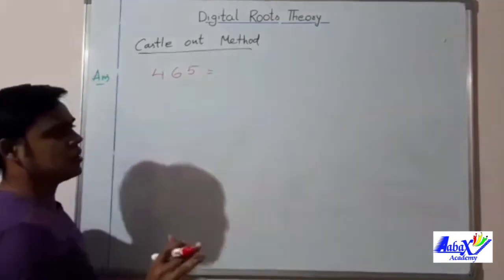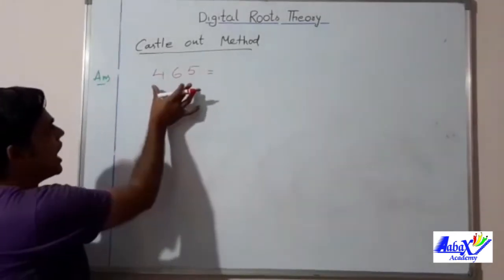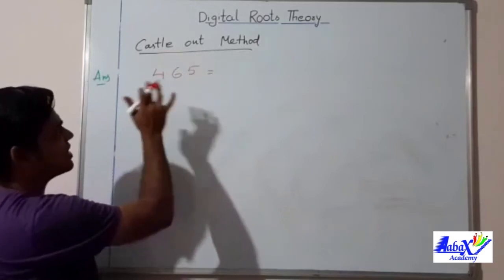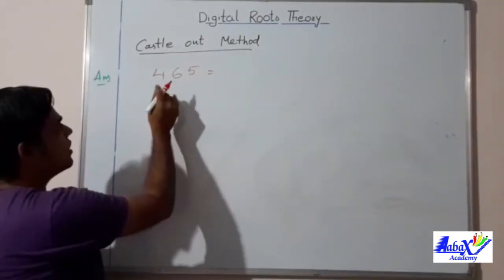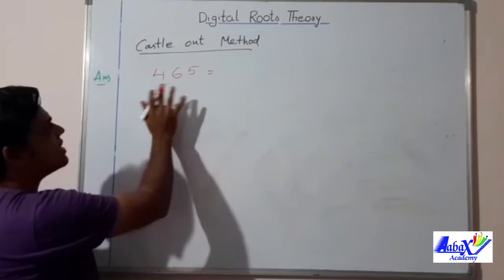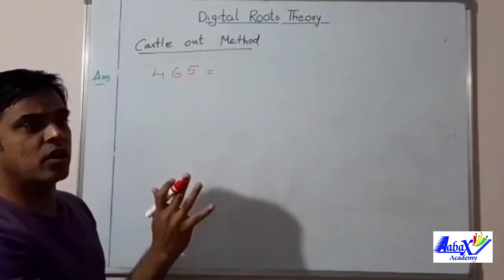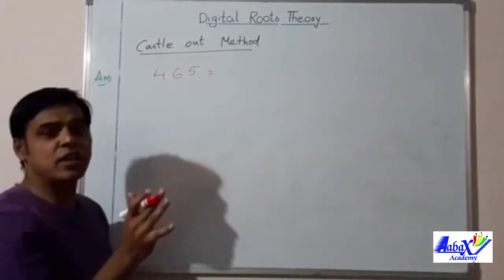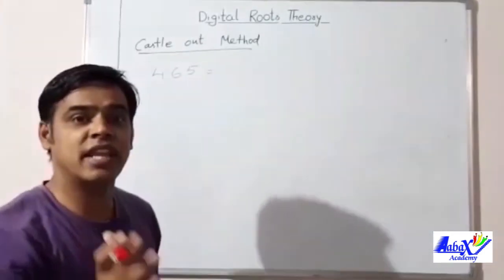The meaning of the casting out method is, whenever you add the digits of this number, 465, which is a natural number, among these we have to guess. Whether it is 2 digits, 3 digits or 4 digits, here it is just a 3-digit number. In this we add such digits which give you the result of 9.